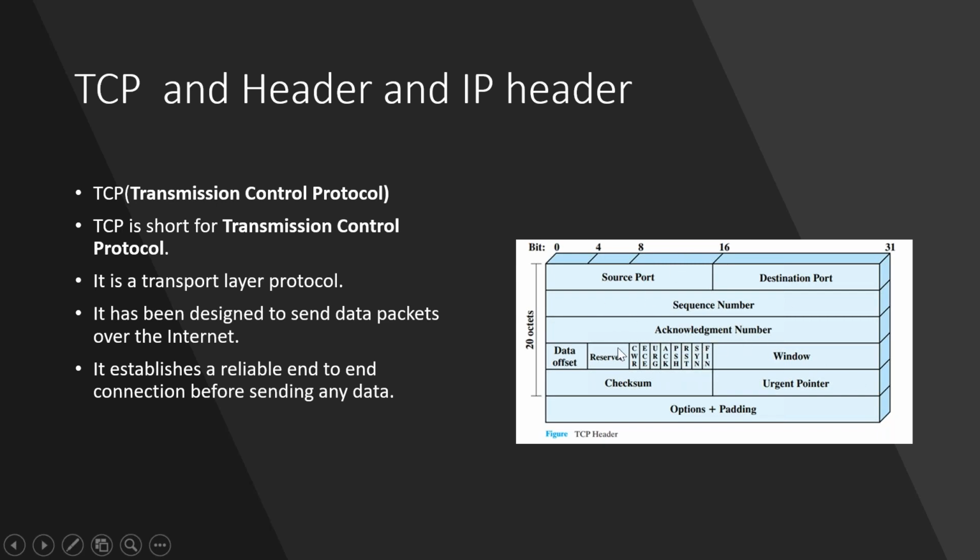Then this packet will be sent to the server. The server will see that packet and understand that this is the synchronization packet coming from the client. Then the server responds with an acknowledgement packet along with its synchronization packet, so these two fields will be set to 1.